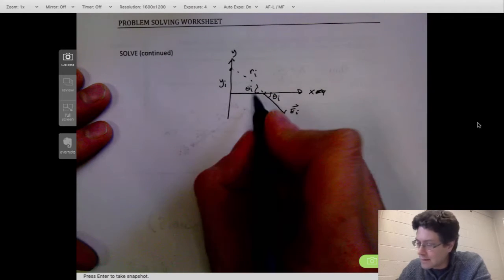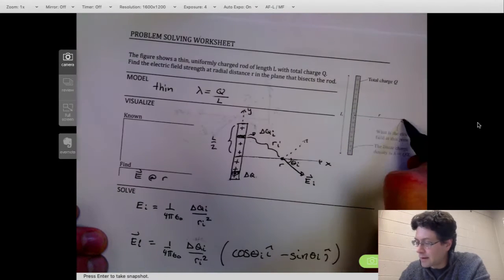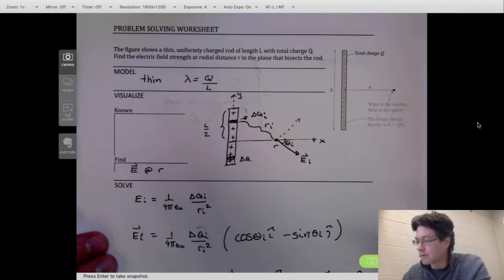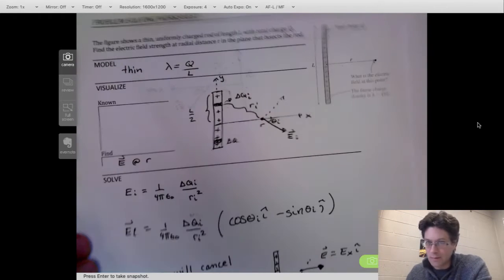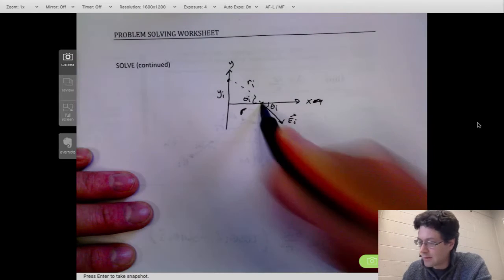And this distance is known, this is r. This is what they're giving us in the problem. They say find the electric field at distance r, which could be 1 meter or 1 centimeter, I don't know, but it's a fixed known distance, r. This is where I want to find the electric field. So this is this distance here.